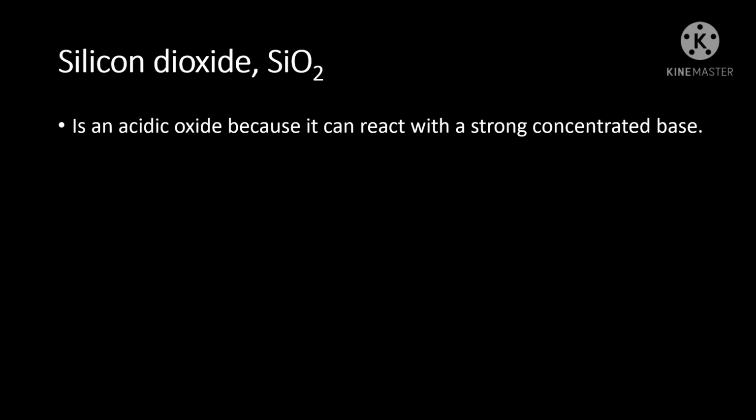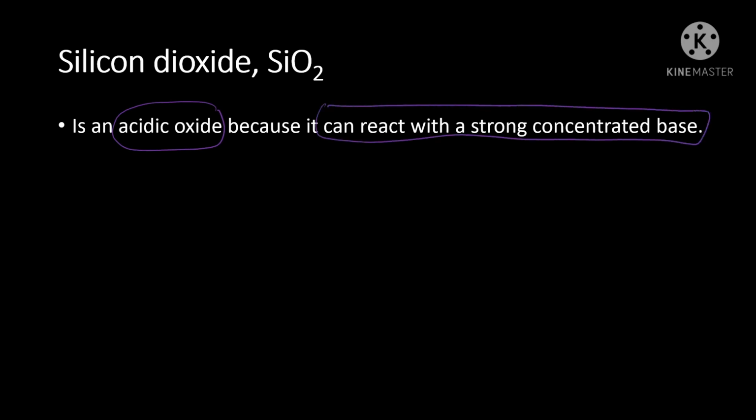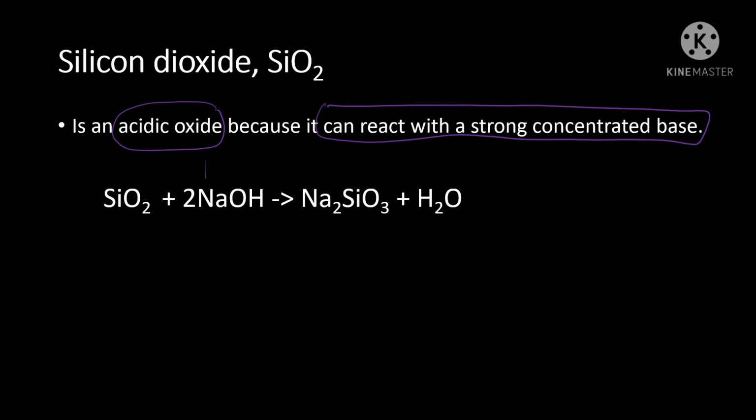Silicon dioxide is an acidic oxide because it can react with strong concentrated base to form salt and water. For example, silicon dioxide reacts with sodium hydroxide base to form sodium silicate salt and water.